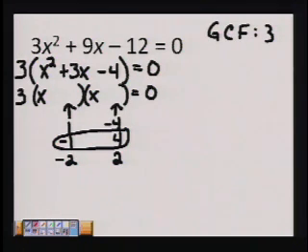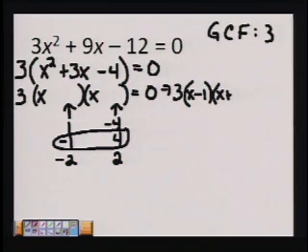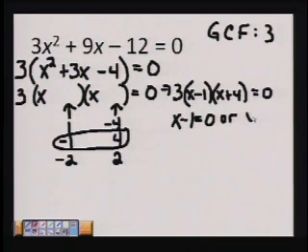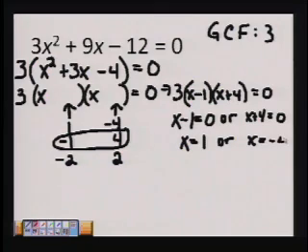So now we have 3 times x minus 1 times x plus 4 equals 0. Since 3 cannot equal 0, then we still have just two more factors that could be 0. So we're going to say either x minus 1 has to be 0 or x plus 4 has to be 0. Again, solving each one, we get that either x equals 1 or x equals negative 4.